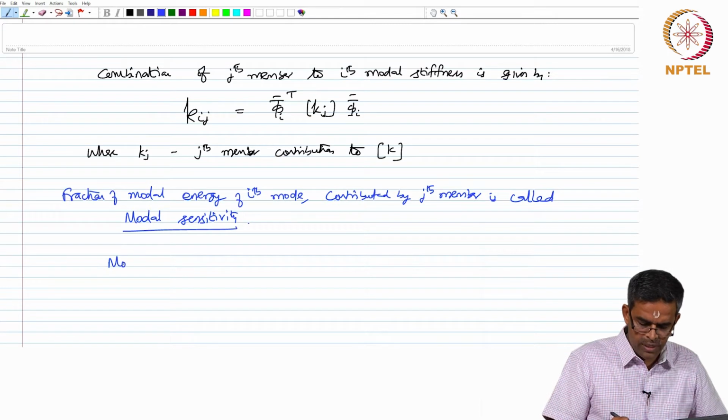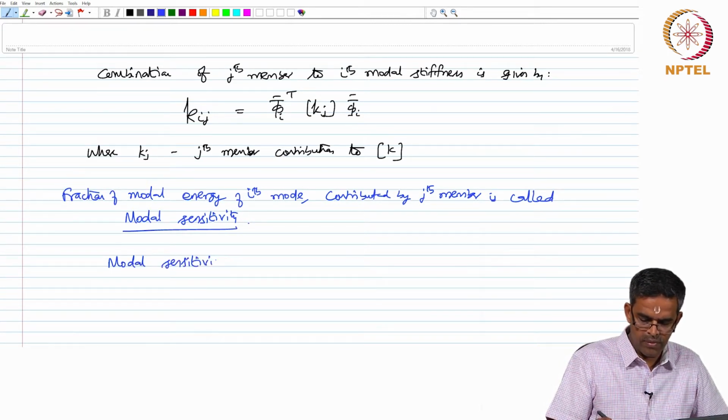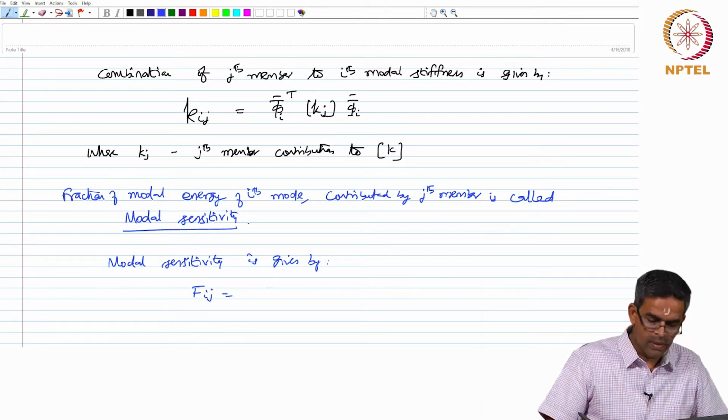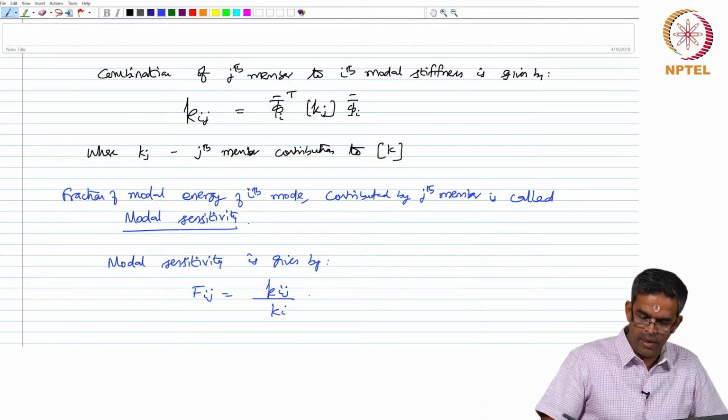Modal sensitivity is given by F_ij is K_ij by K_i.